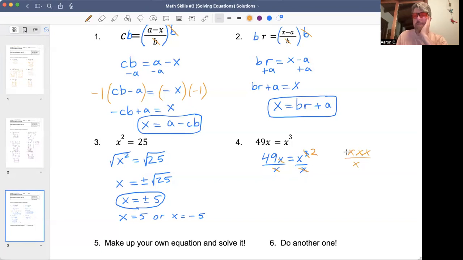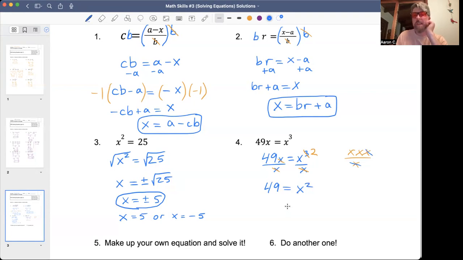If that's confusing, just write it out this way, and you can cancel it out like this. X cancels out one of those x's, and then we have 2 left over, so that's going to be x squared. So what do we have that didn't cancel? We have 49 equals x squared.